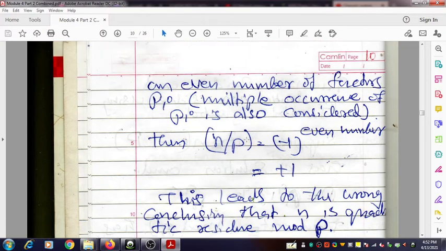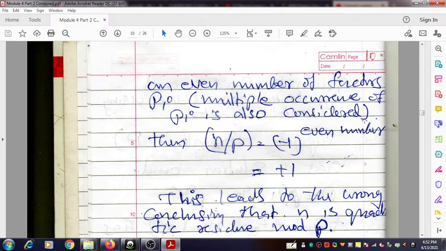Thus we still get n bar p equal to plus 1. That means n is a quadratic residue mod p, but actually n is not a quadratic residue mod p. So this is misleading, and this is because of raising the power of minus 1 to an even number.